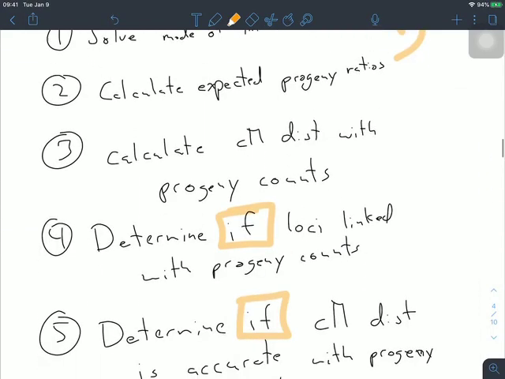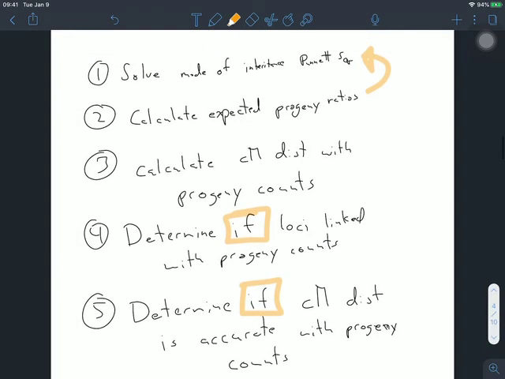So broadly speaking, in terms of the challenge areas, you will have one challenge area that looks at calculating progeny ratios with modes of inheritance, so where you don't know how things are inherited, but given numbers of progeny with different phenotypes, you can calculate those.